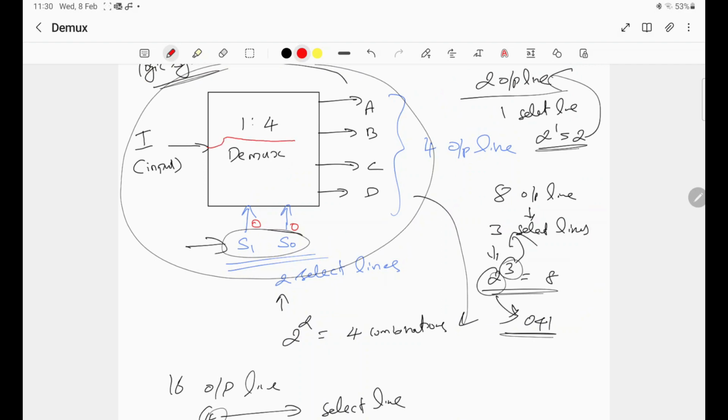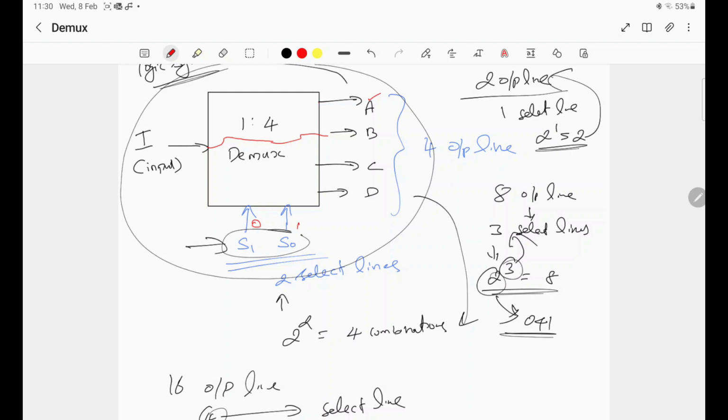Either it should go to A, B, C or D. So for simplicity we will take it in order. When it is 0, 0, we will design it such that the input will appear in output A. The next case, 0, 1, the input will appear in B.